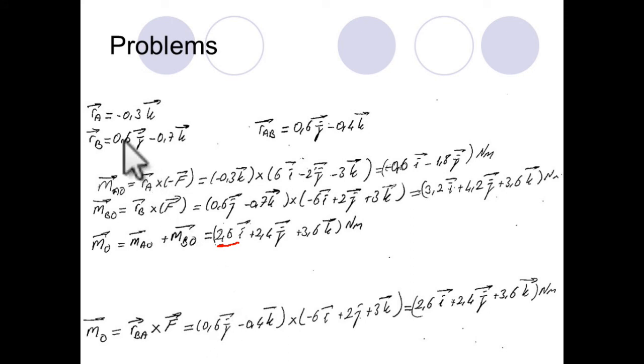As a result, rB minus rA is 0.6 j vector minus 0.4 k vector, and we will multiply it with the force vector at point B. It is minus 6i plus 2j plus 3k, and the result will be 2.6 i vector, 2.4 j vector, and 3.6 k vector, and the result is in Newton meters.